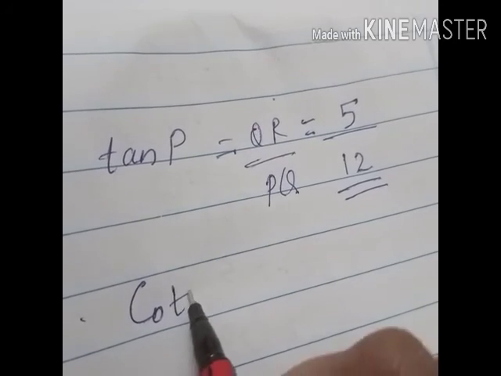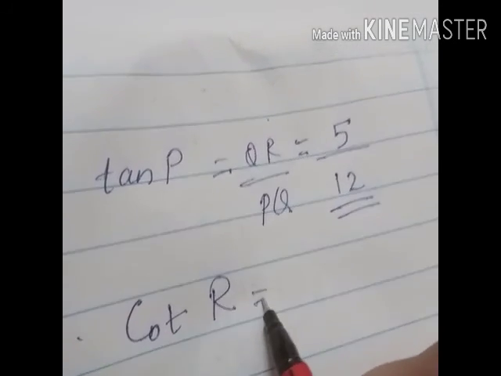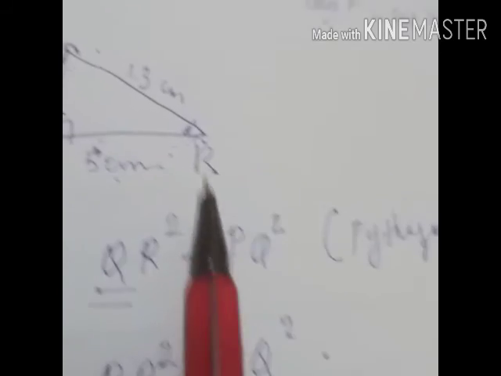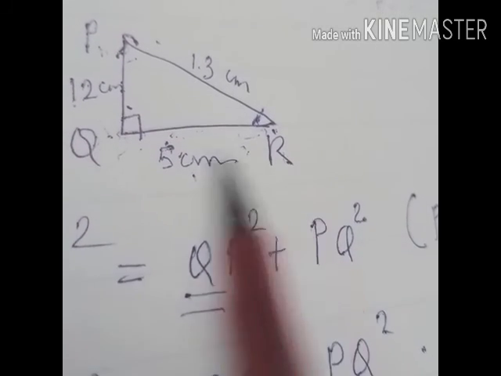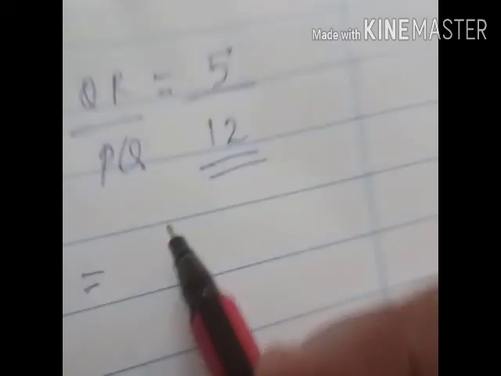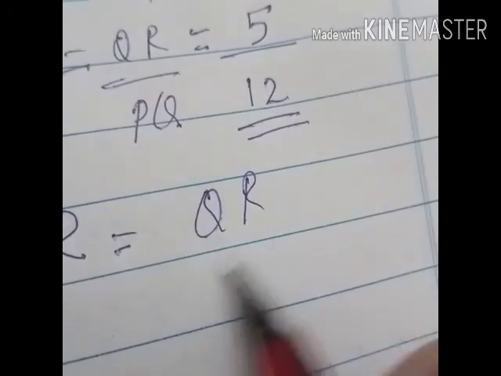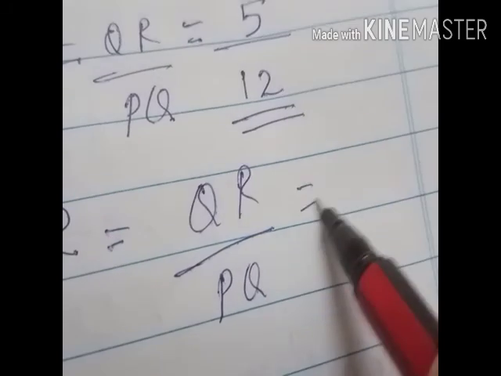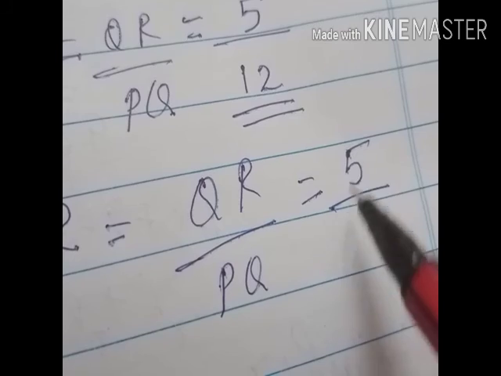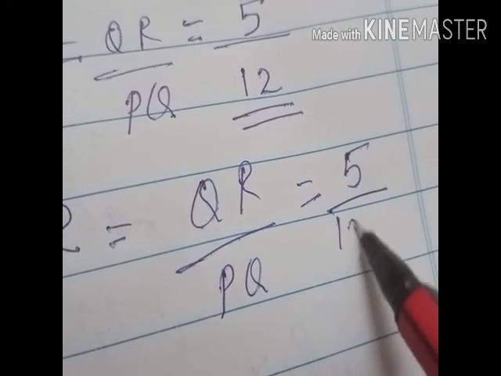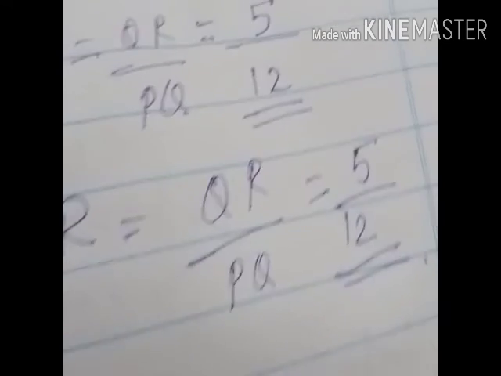Similarly, we want to find cot R. So from the figure we get cot R means adjacent by opposite. So QR by PQ. So we have to write QR by PQ. That is equal, QR we already find out, that is 5, PQ is 12. So 5 by 12.